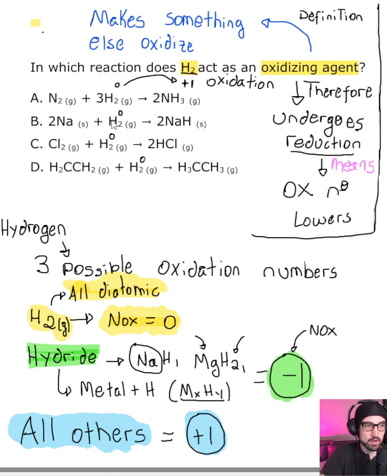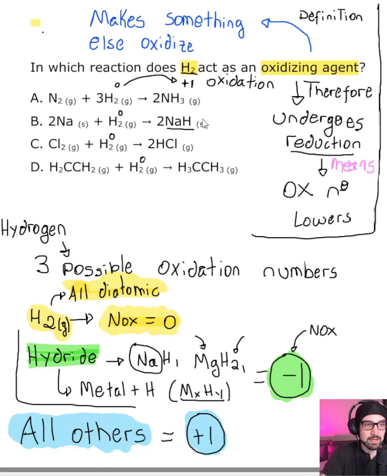Hydrogen starts with a 0 oxidation number, again, because it is diatomic. Now, NaH, sodium, is a group 1 metal. Therefore, it's a metal followed by hydrogen. Okay, that is a hydride. Look at the example. Sodium hydride, magnesium hydride, a metal followed by hydrogen right after it, right?